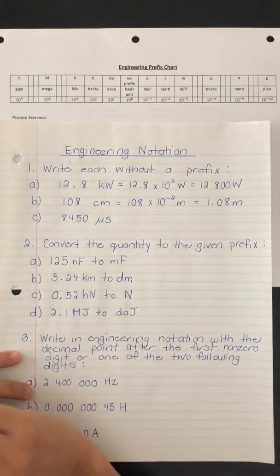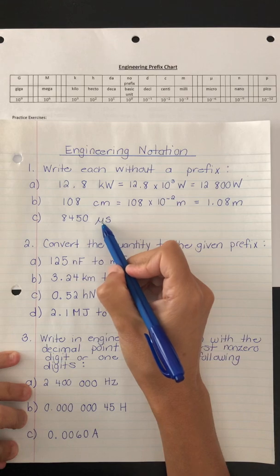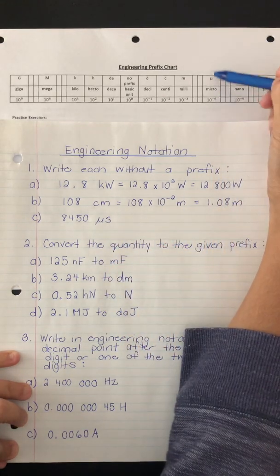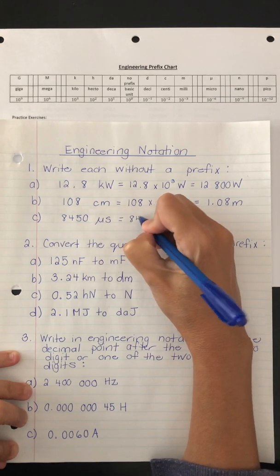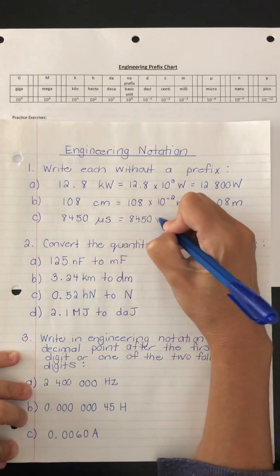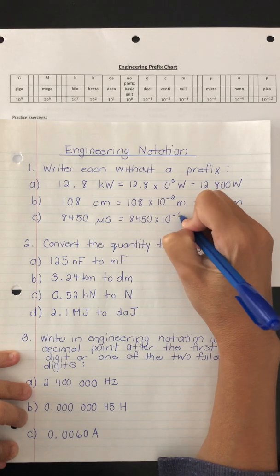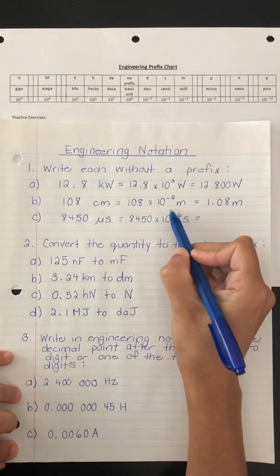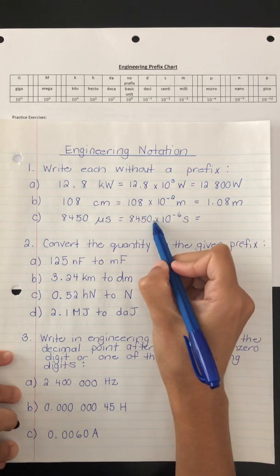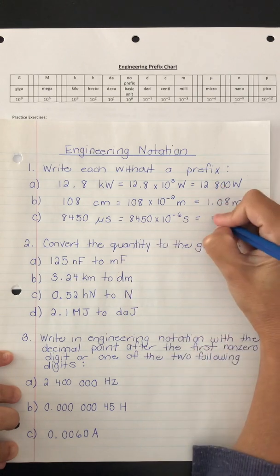Okay, one more example. This is the Greek letter mu. So we are here in the chart, micro. So we have 8,450 times 10 to the negative 6 seconds. Move the decimal 6 places to the left. The decimal currently is here at the end of the number.